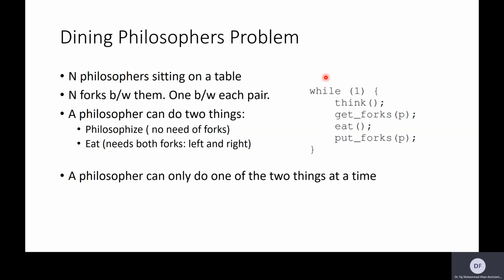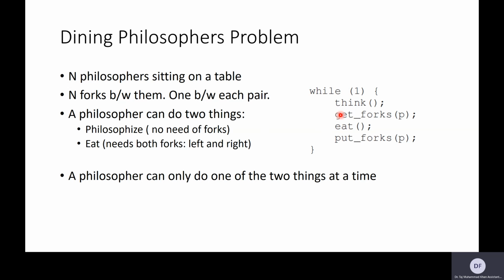Here you have the philosopher threads. Philosophers are implemented, simulated, as threads, and they are in a continuous while loop. They're either thinking or eating. But when they want to eat, they first have to get forks, both forks, one on their left and one on their right.